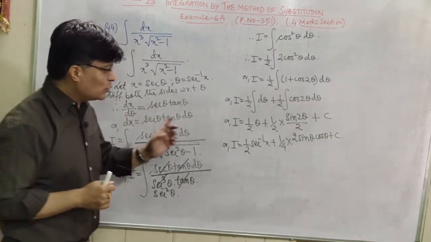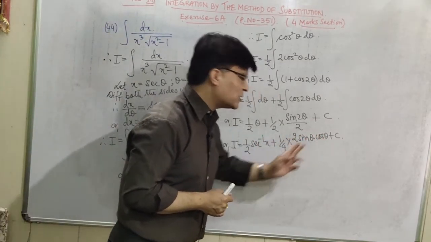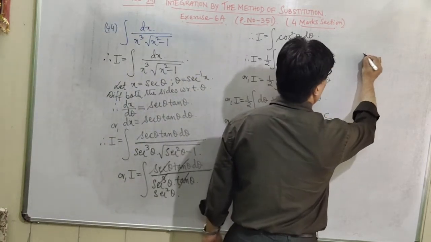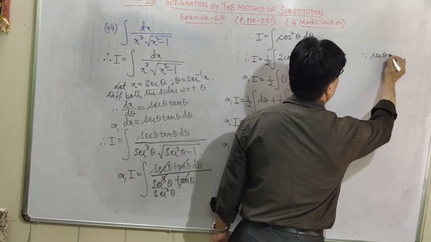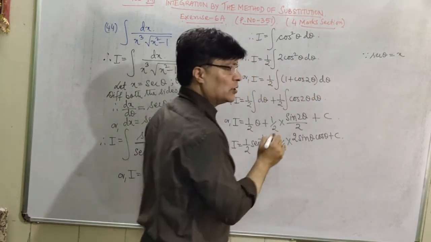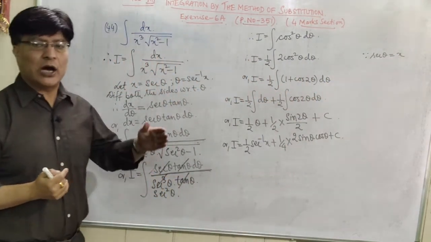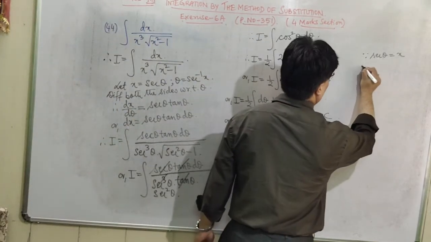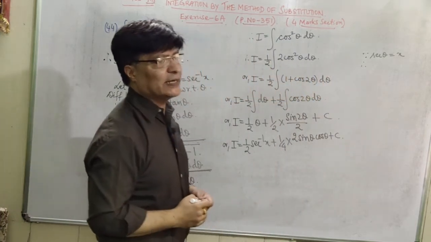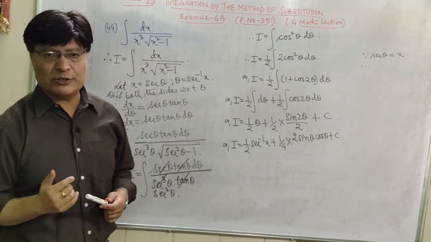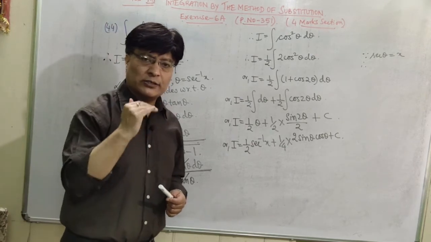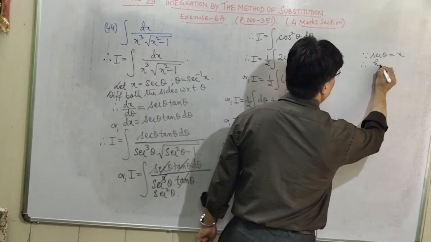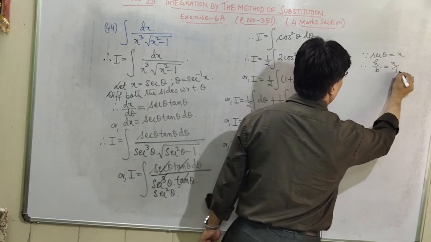I think you have understood it. Now you should get the value for sin theta as well as cos theta from sec theta, since sec theta is equal to x. How can you get the value for sin theta and cos theta? Cos theta is b by h, so sec theta is h by b, which is equal to x upon 1.